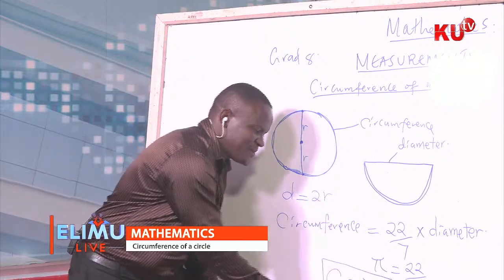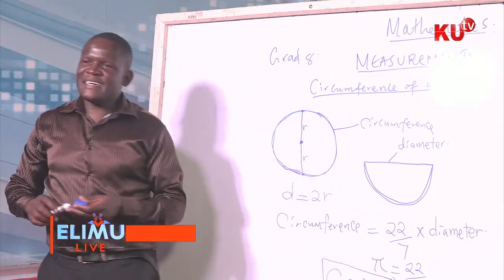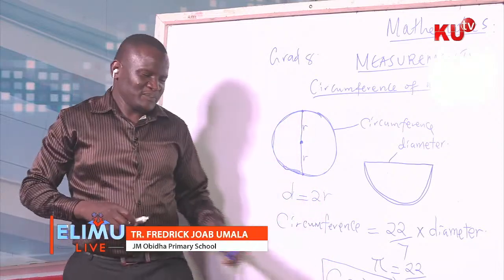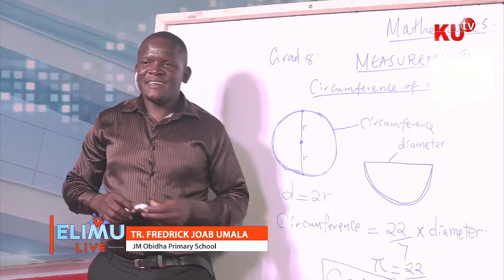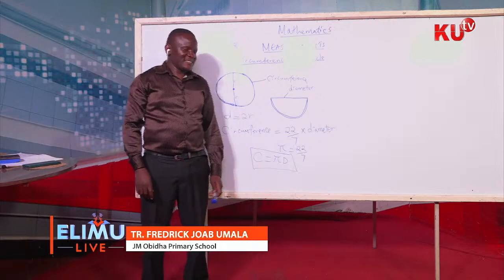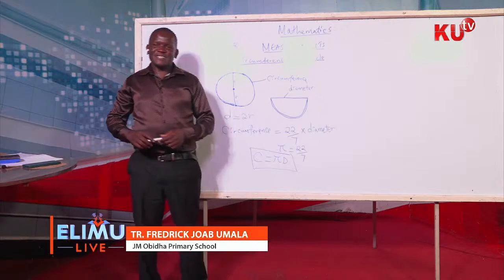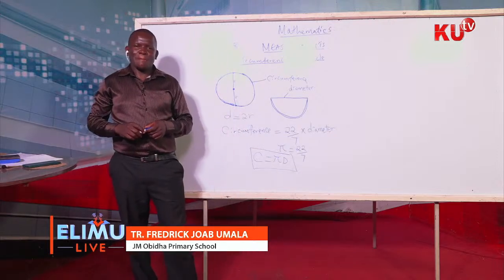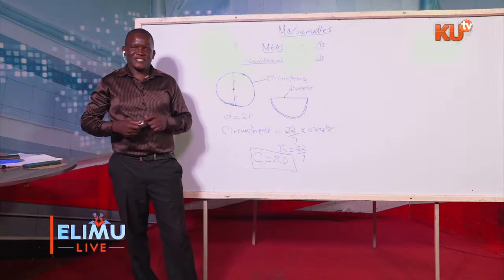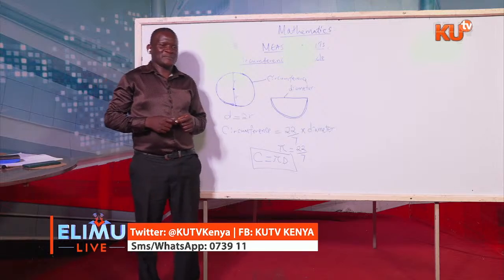Circumference will be equal to pi d, where pi equals 22/7, and d represents the diameter. Let me repeat that point once again.